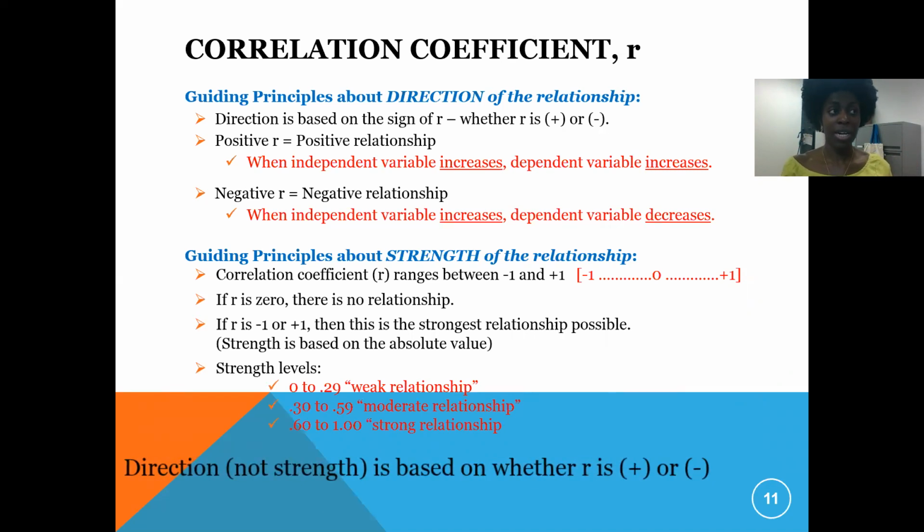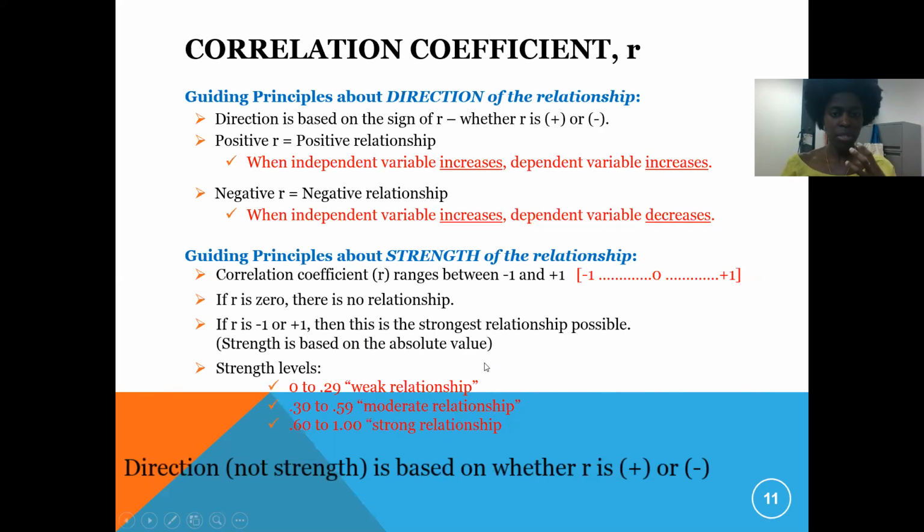The number -0.29, what type of relationship is that? Well, based on this rubric, based on these strength levels, it's also a weak relationship, because if you look here in parentheses, strength is based on the absolute value of the number.